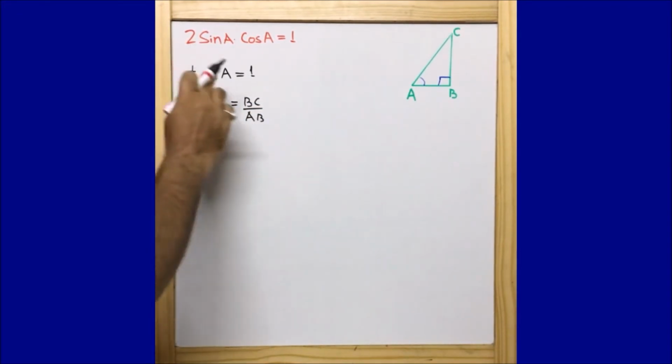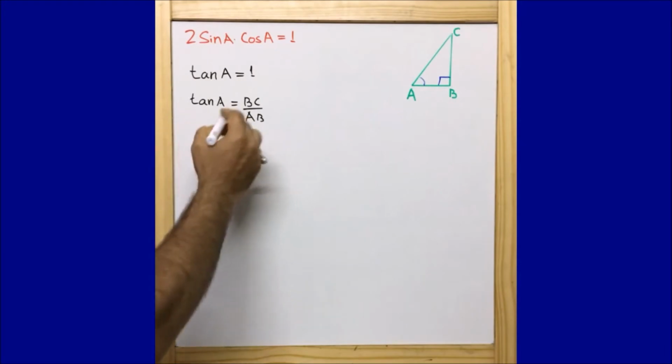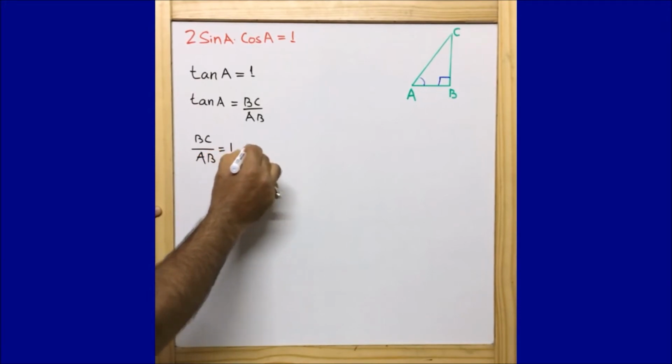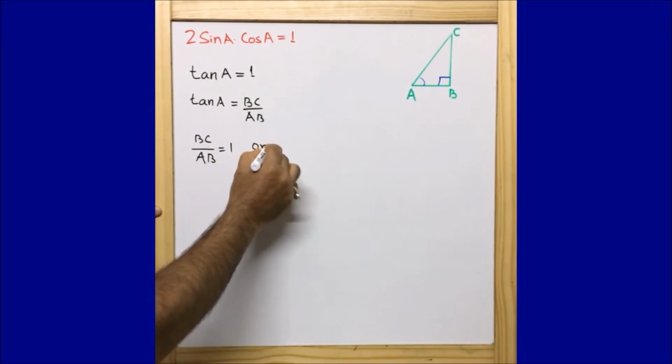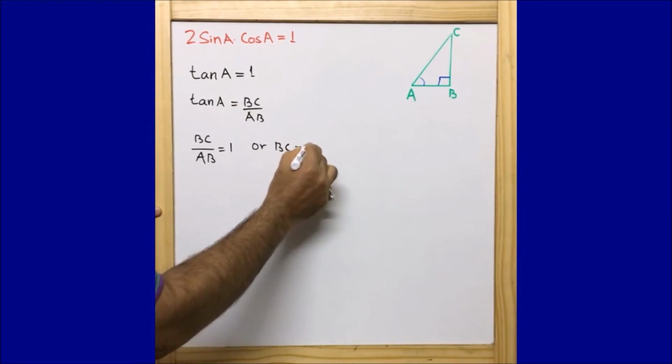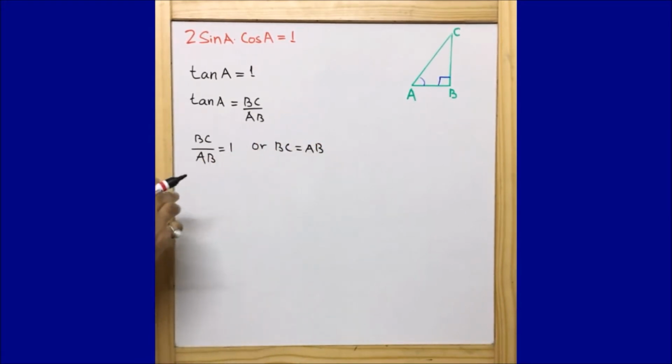But they have given that tan A is equal to 1, so BC by AB is equal to 1, or I can say BC is equal to AB. How? Just moving AB to the right side, I get BC is equal to AB.